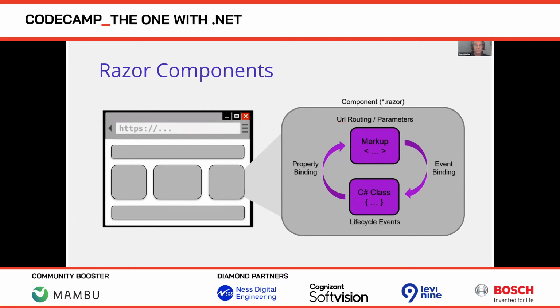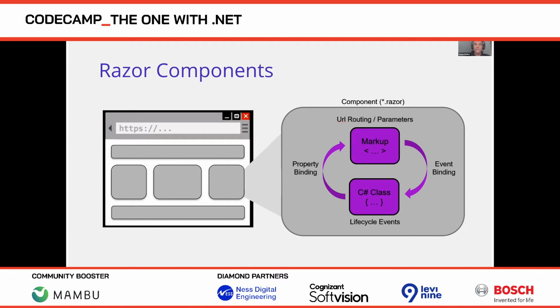It's got event binding and property binding to give you the full life cycle of passing data back and forth from your backend code to your user interface. And it's got some life cycle events that you have to become familiar with, which help you understand the different phases that the component rendering lifecycle goes through. So very interesting new technology.